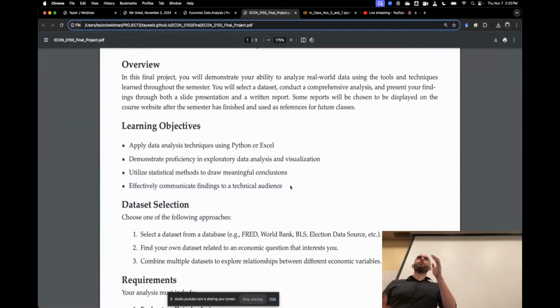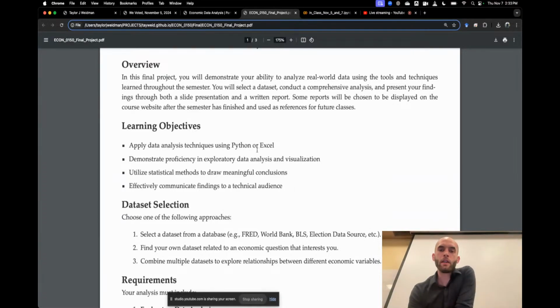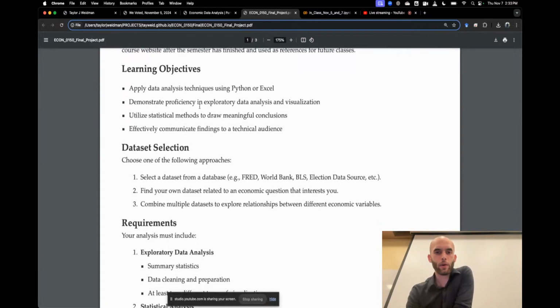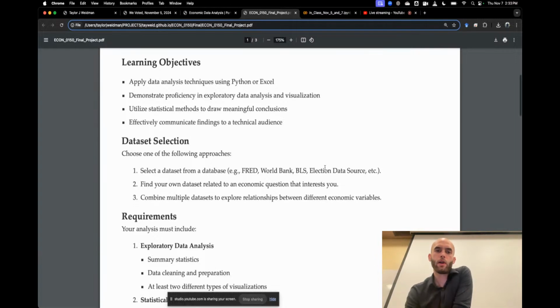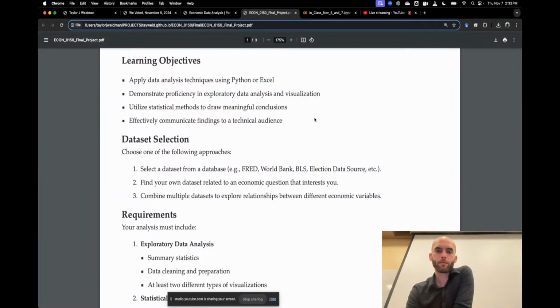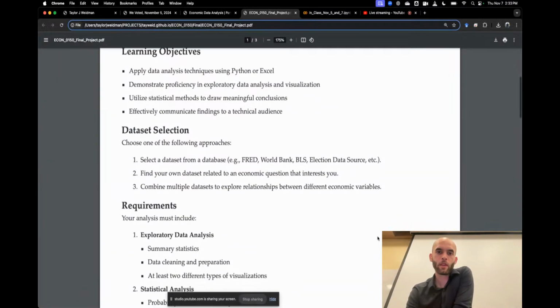So once we get through essentially regression, which we'll hit next week, you'll be using real world data and doing exploratory data analysis, the type of approaches we were taking in part one with visualization.